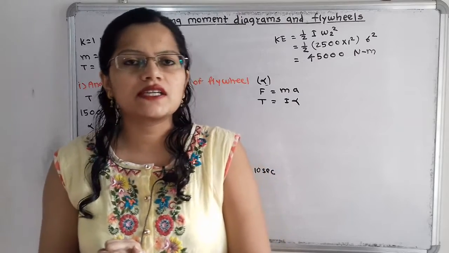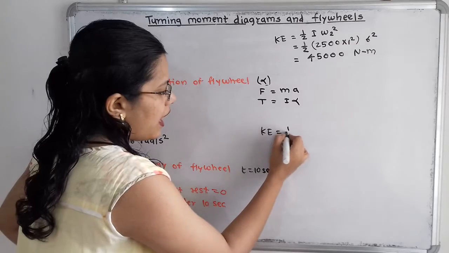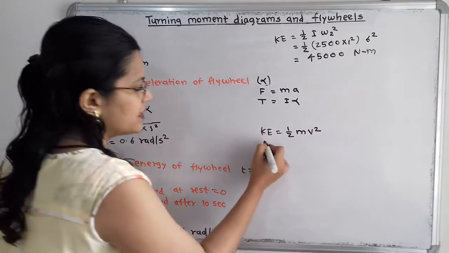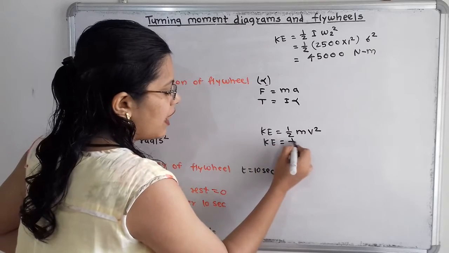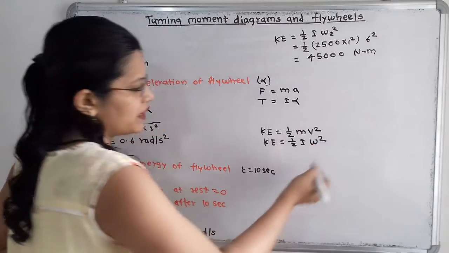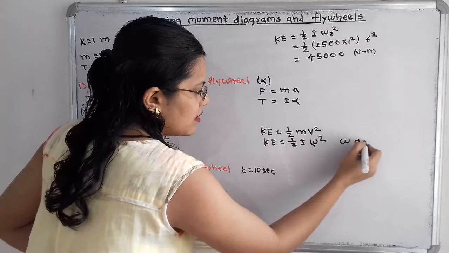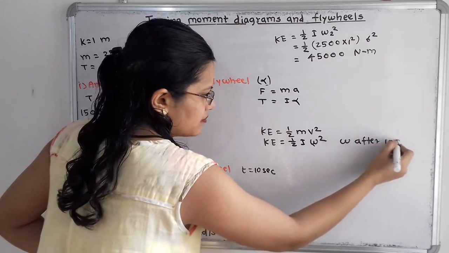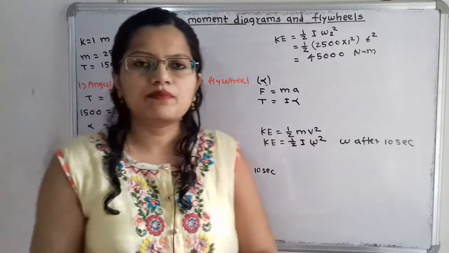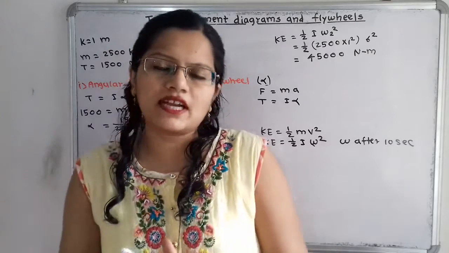When we consider linear motion, KE is equal to half mv square, but in case of a rotating flywheel, KE is equal to half I omega square, with angular velocity omega instead of v. So we have to take omega after 10 seconds, because we have to find the kinetic energy after the time period of 10 seconds.